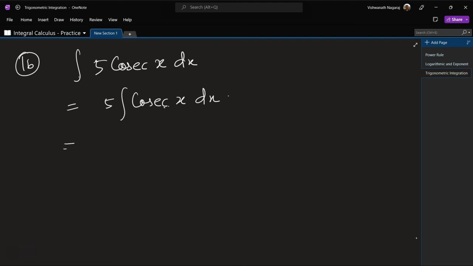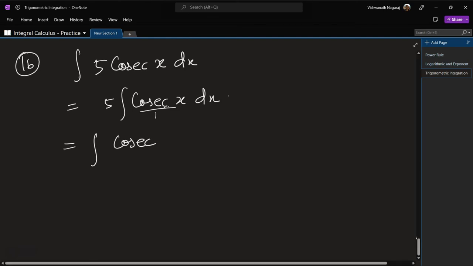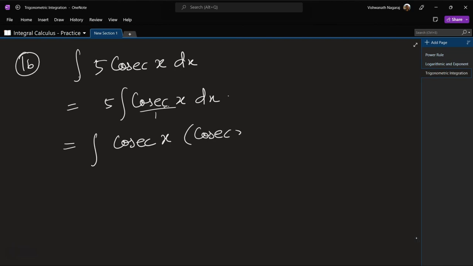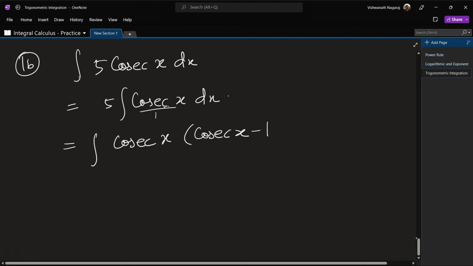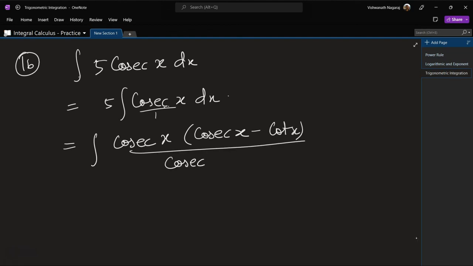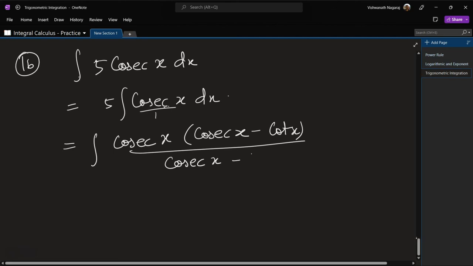Let's multiply both numerator and denominator by cosec x minus cot x, so cosec x times cosec x minus cot x divided by cosec x minus cot x.